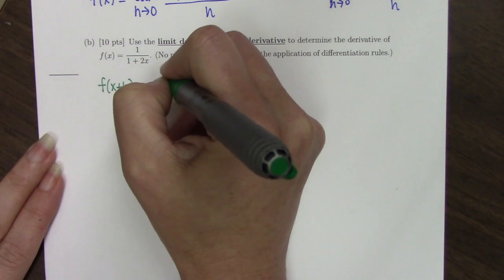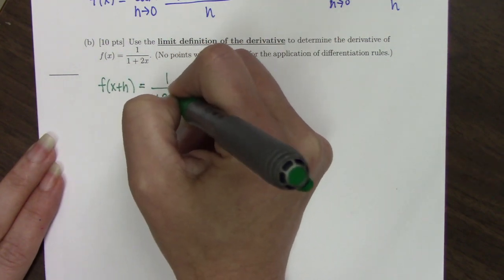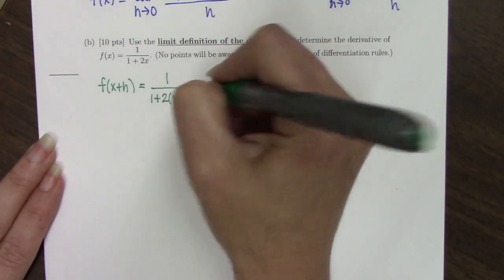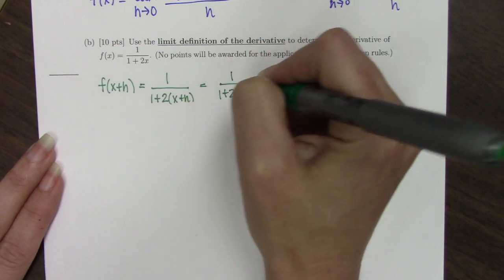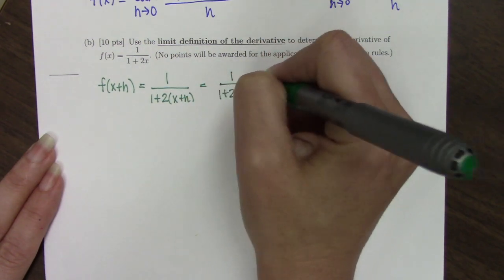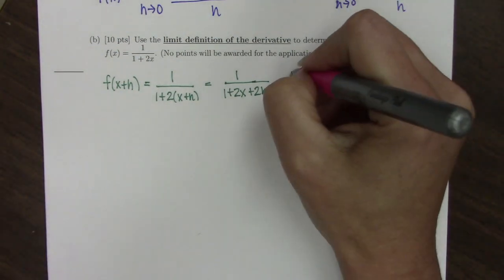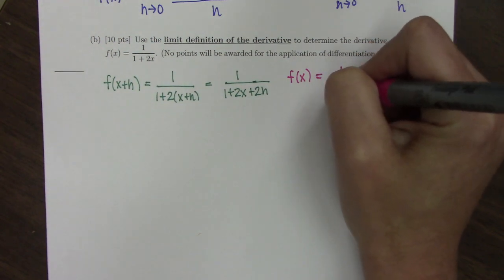So the first thing I'm going to do is look at f of x plus h. This is going to be 1 over 1 plus 2 times x plus h. When I expand my denominator, I get 1 plus 2x plus 2h. F of x is just the original function.